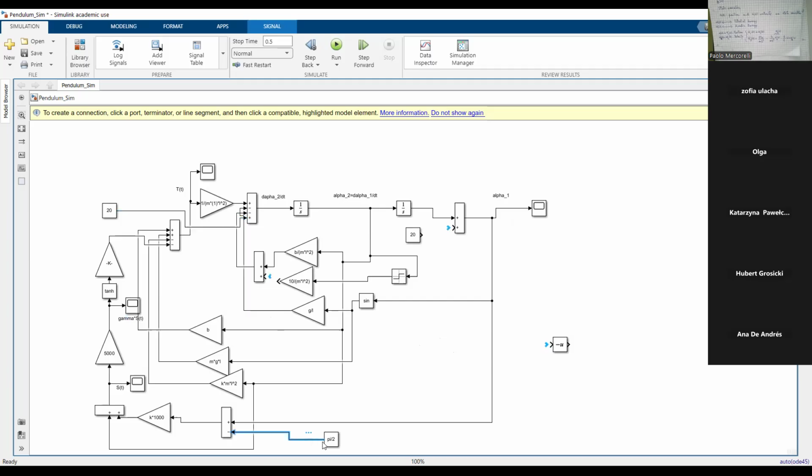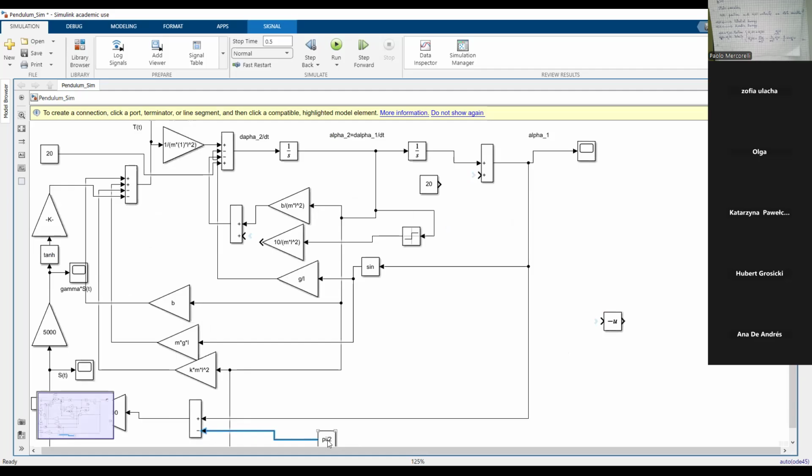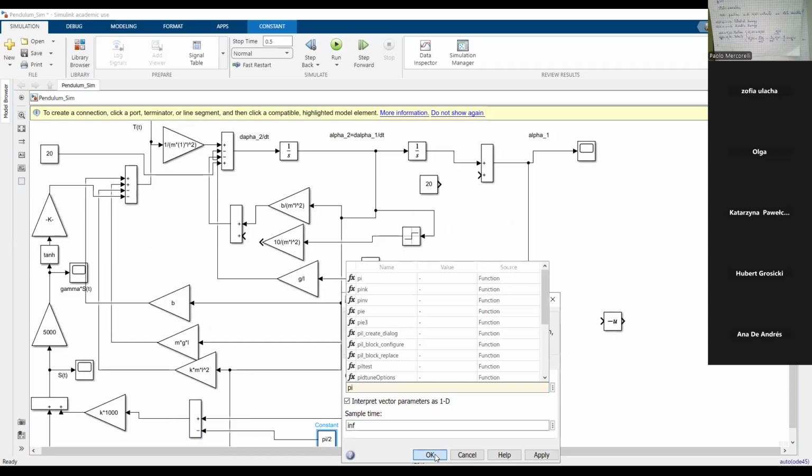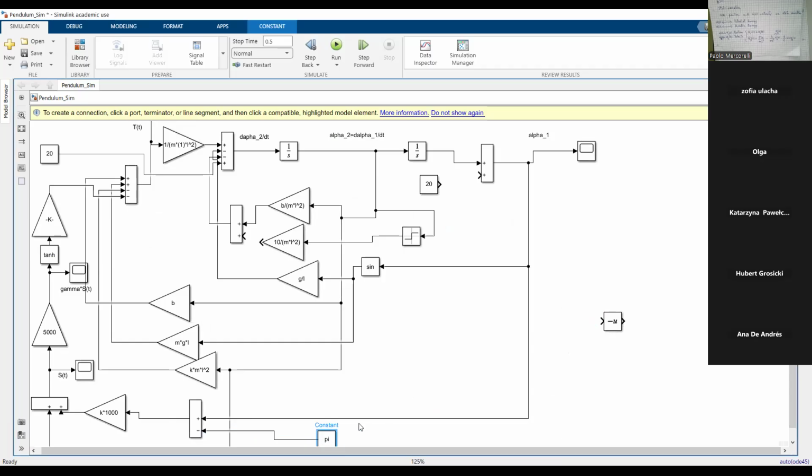It seems that I would like to control here pi divided 2, but let me write pi. So we have seen exactly. But I can control any position. I told you, any position. Look, alpha 1 minus pi.